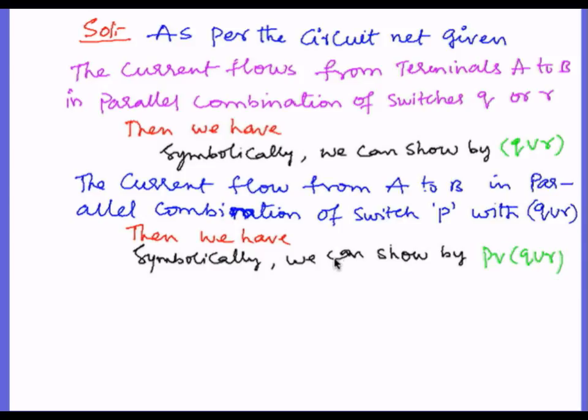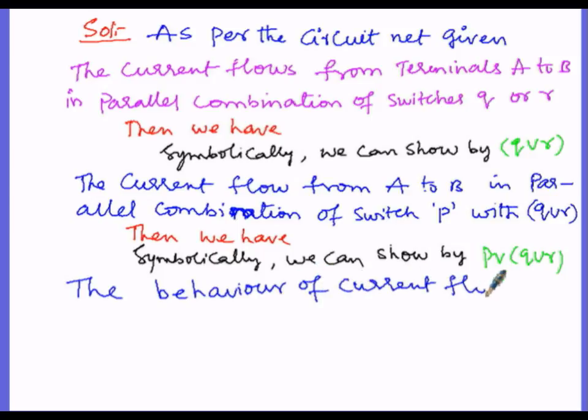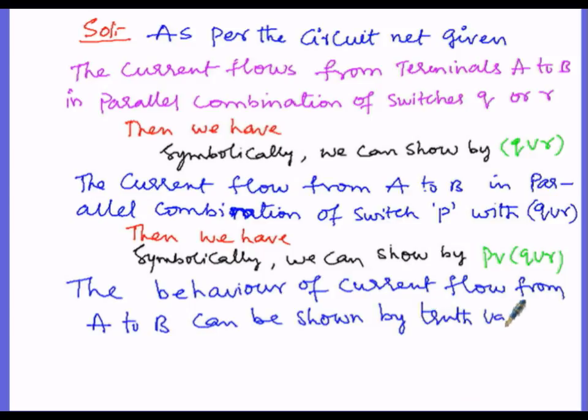Therefore the behavior of current flow from the terminals A to B can be shown by finding the truth values in the truth table.